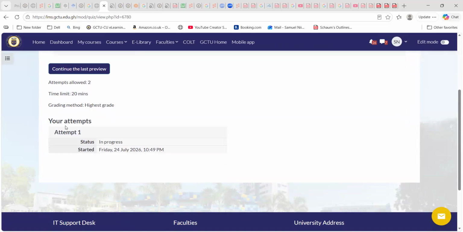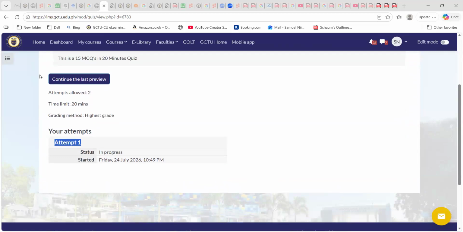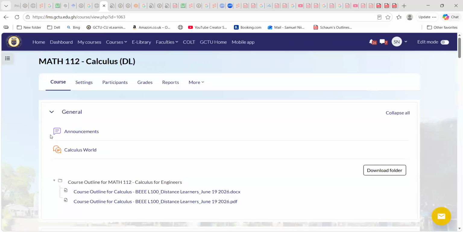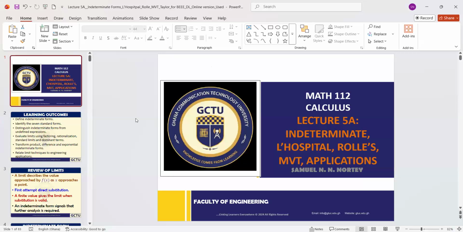Kindly take note. This one, somebody is actually doing right now. I don't know the brave student who is doing it, even though we haven't tackled the topic. But kudos to you. Keep on using the quizzes to address your issues, especially the topics one after the other. Okay, so I think Kingsley is also on right now. So it's left with a few more.